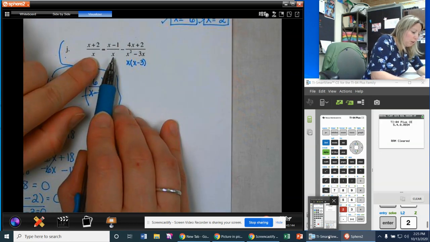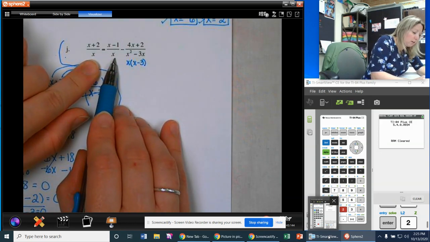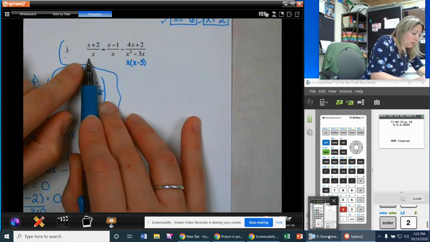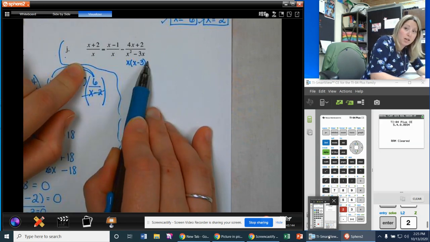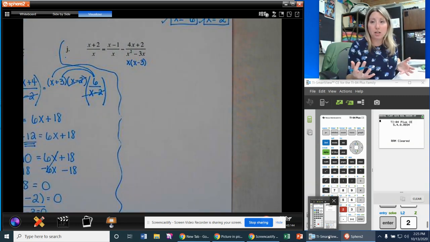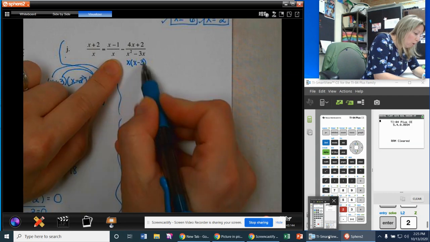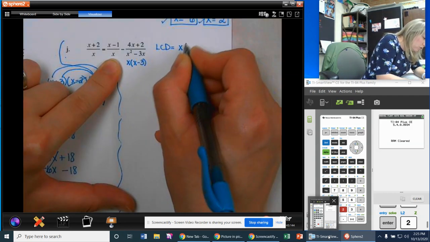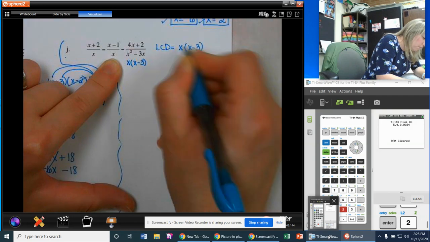Can these multiply by something to become that denominator? Yes. So if I multiplied each of these by x minus 3, then I would have all the same denominator. So this whole thing, that is my LCD. So I'm just going to keep it as its two factored pieces. Told you, Bell.